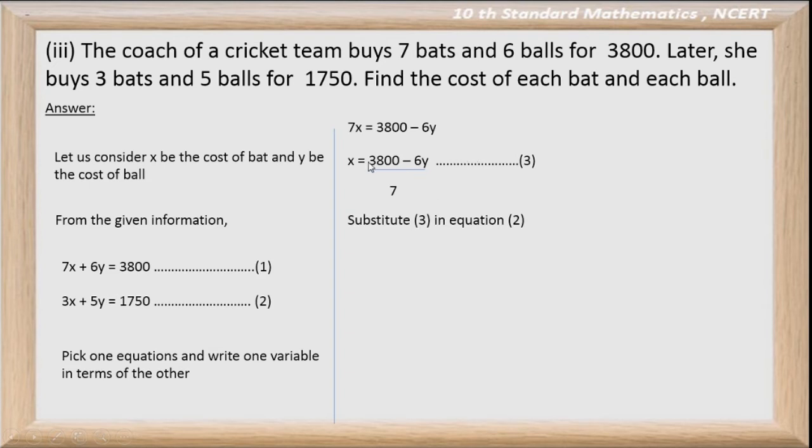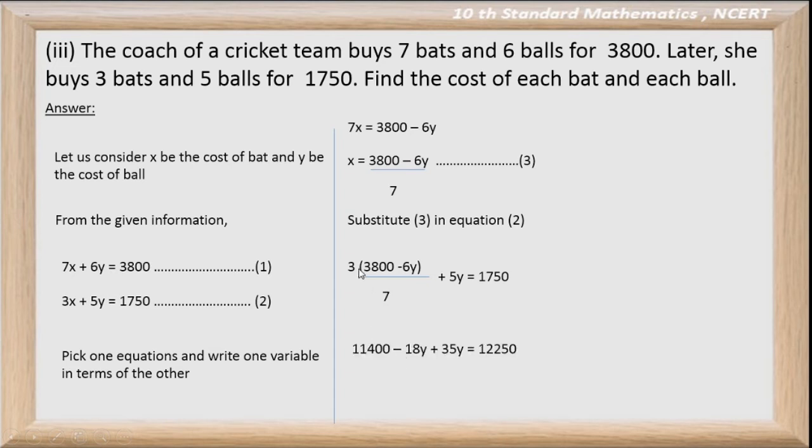Substitute this 3, x equal to 3,800 minus 6y by 7, in equation 2. See, this is equation number 2. Instead of this x, we are giving this value. So 3 into 3,800 minus 6y by 7, plus this 5y, equal 1,750.